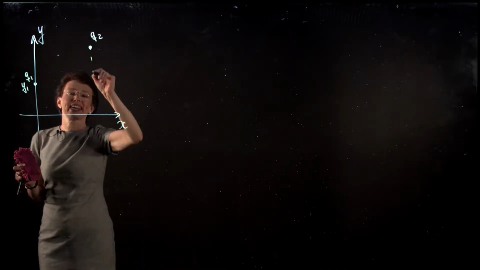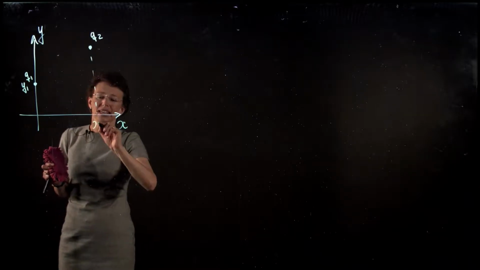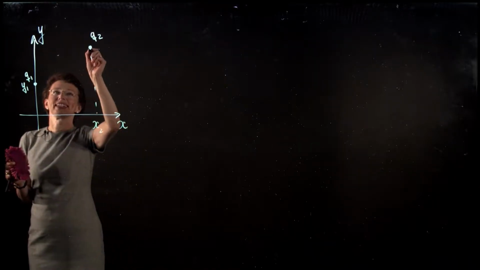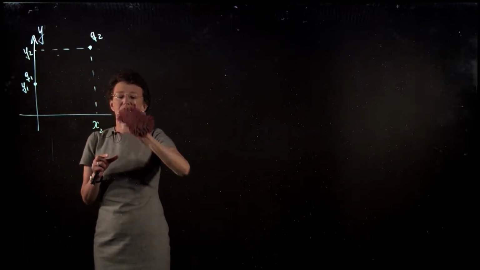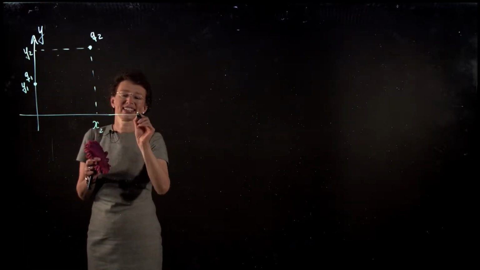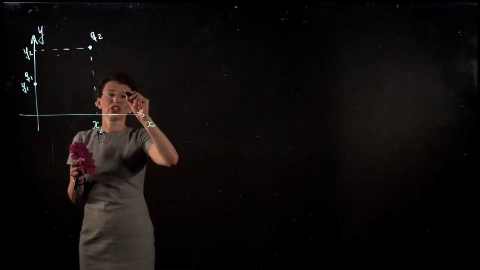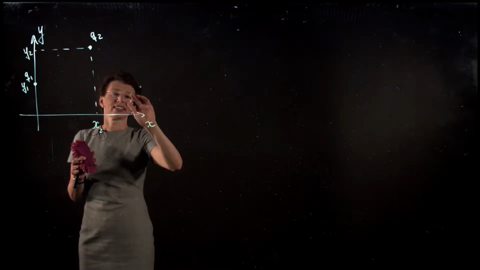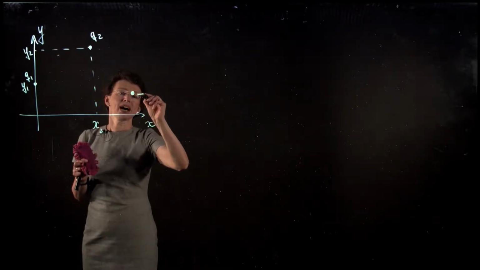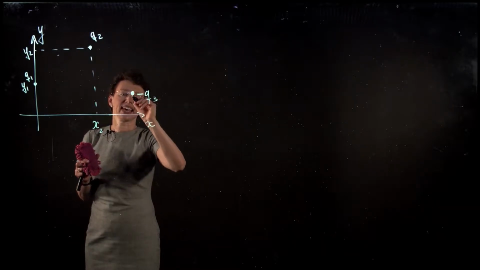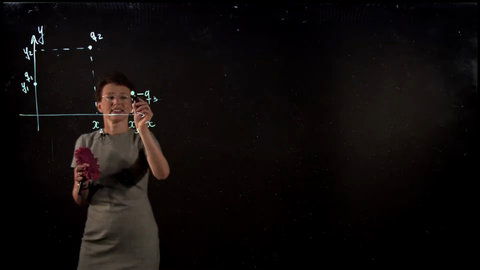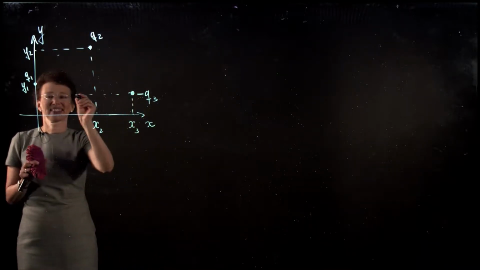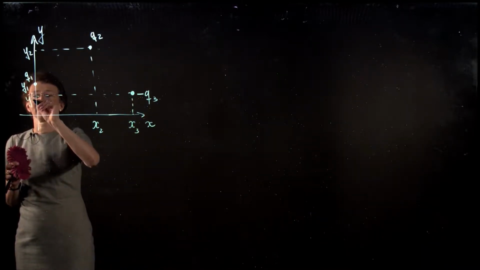It will be at point x2, y2, and we will have third charge. And third charge will be negative. It will be minus Q3, and it will be located at x3 and y3.